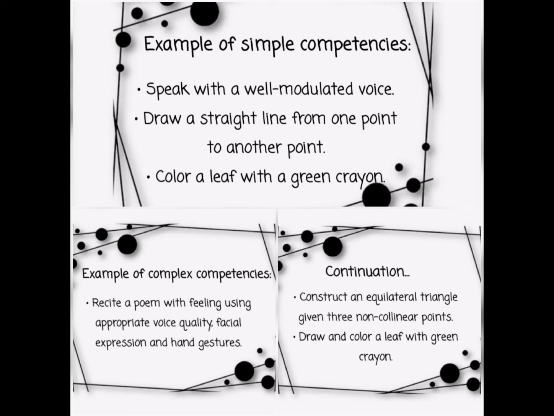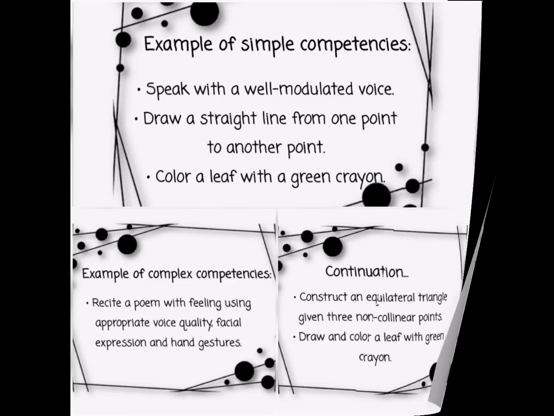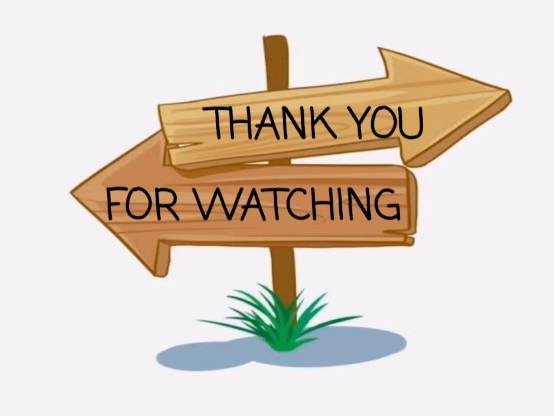To make it a short explanation, complex competencies are more abstract than simple competencies. Why? Because when we say complex competencies, the given task aims to develop, actively participate, and empower learners' foreign language discourse competencies. That's all of my assigned topic, and thank you for listening.